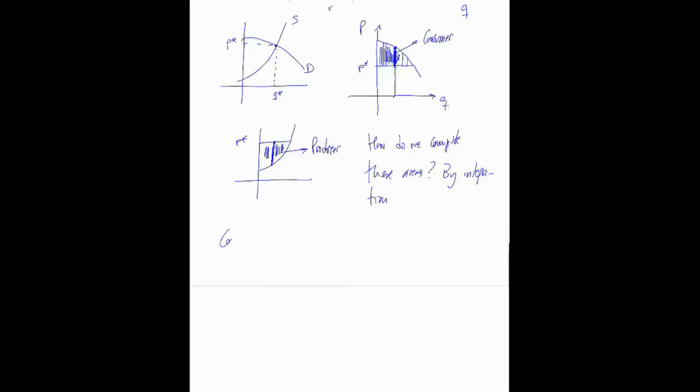For the consumer surplus, what we have is the equilibrium quantity, the equilibrium price, and this area. Given that this curve is the demand, the surplus of consumers is the integral between 0 and Q star, the equilibrium quantity, of the upper curve, which is the demand, minus this fixed line here, which is the equilibrium price.